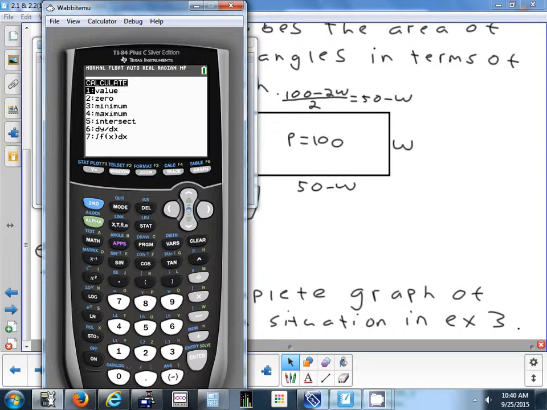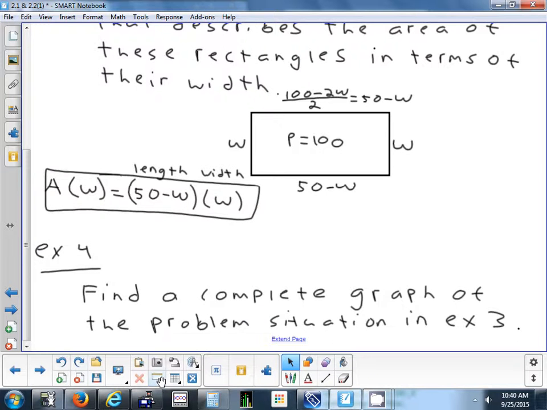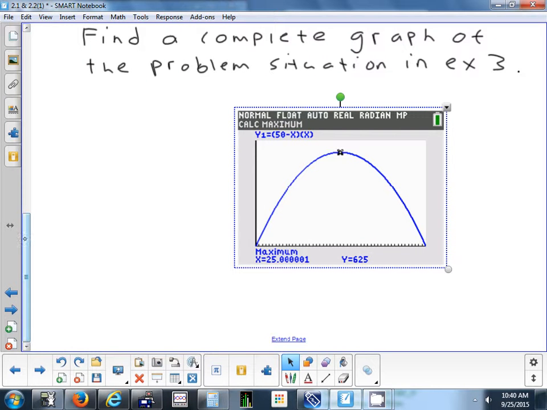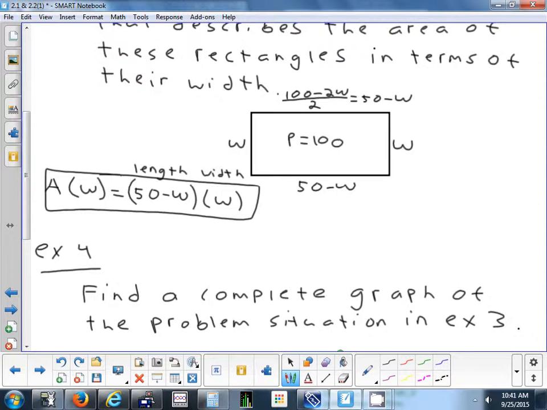In fact, if we go up to the maximum, it'll give us an idea of what shape would give us the best area. We can see x is about 25. In this case, we didn't have to find any kind of maximum area, but what this shows us is that if you let x be 25, that's your width, and you fill that into the formula for the length, which is 50 minus w, you get 50 minus 25, which is 25.